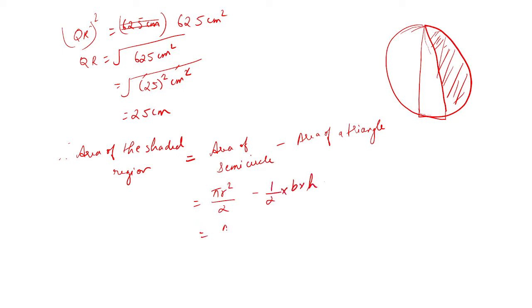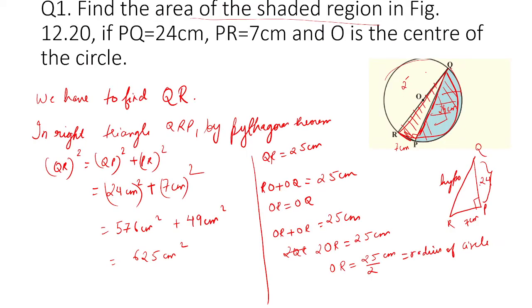Now you already know the radius, which is 25 centimeter by 2, into 25 centimeter by 2, minus half. Now when you look at the triangle, this is a given triangle, so it's very easy for us to point out which is the base, 7 centimeter, and what is the height, QP, right? See, this QR cannot be the height, right?